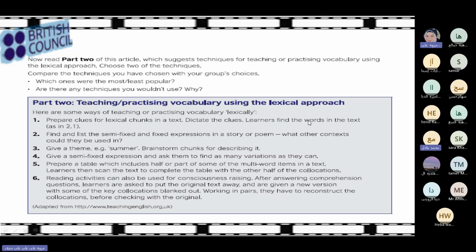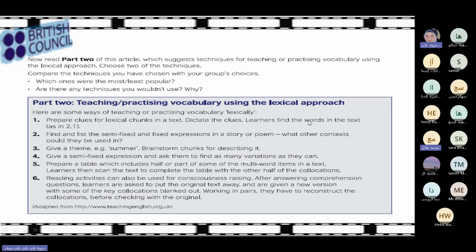Another one is to give a semi-fixed expression and ask them to find as many variations as they can. We agreed on it too, and we already do this with our students in our classrooms. We sometimes write some expressions that can be changed, or replace some words with other words to give a new chunk. This is popular, yes.